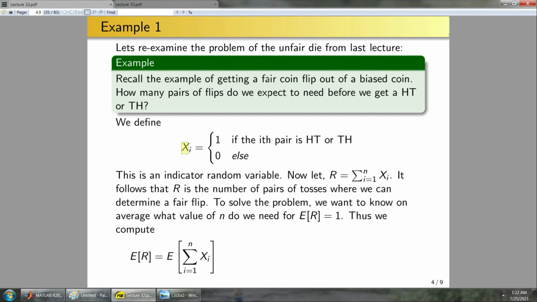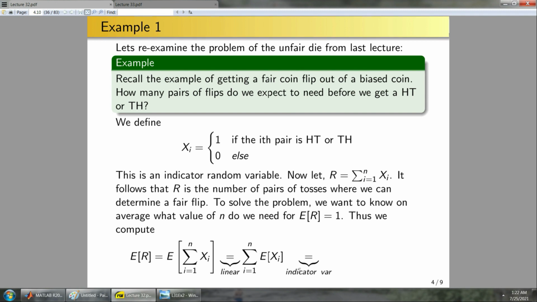Okay, so now how could I possibly simplify this? Well, I have the expected value of a finite sum, right? And how can I maybe simplify this? Well, I know expected values are linear, right? So from here, I can take the sum and put it outside of the expected value operator. So this now goes from the expected value of this sum to this sum of these expected values.